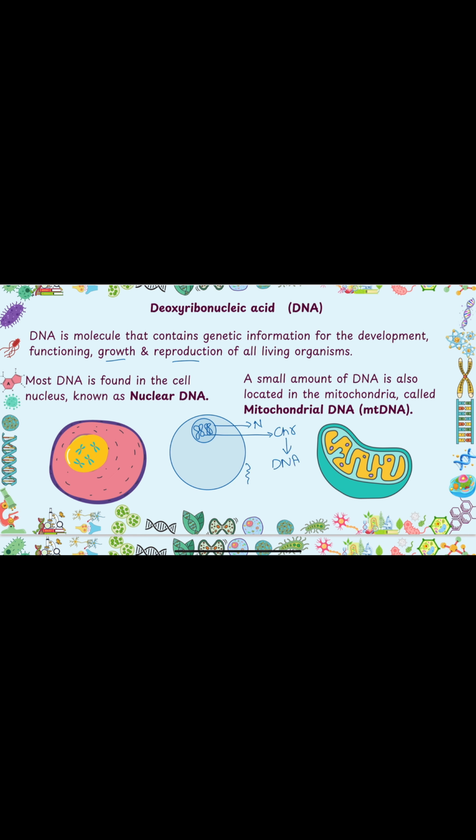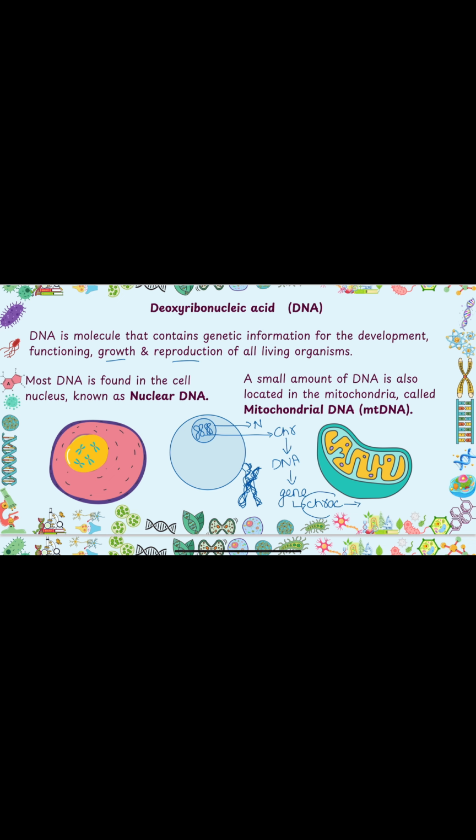For example, this is the DNA. In the DNA, we have a structure which we call a gene. This gene contains characteristics or codes for any character.